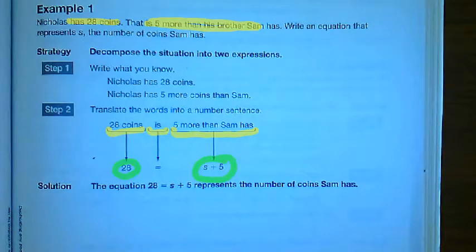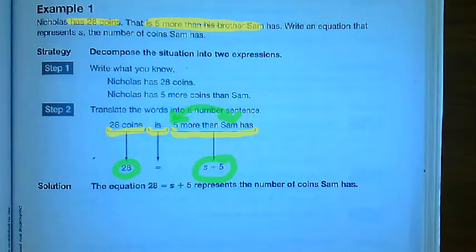So it's basically like 2 expressions are equal to each other, okay? So 5 more than Sam, remember we have to kind of flip this order, it's kind of like less than, so S plus 5. Remember we can't have less than or more than if we don't have something to begin with.